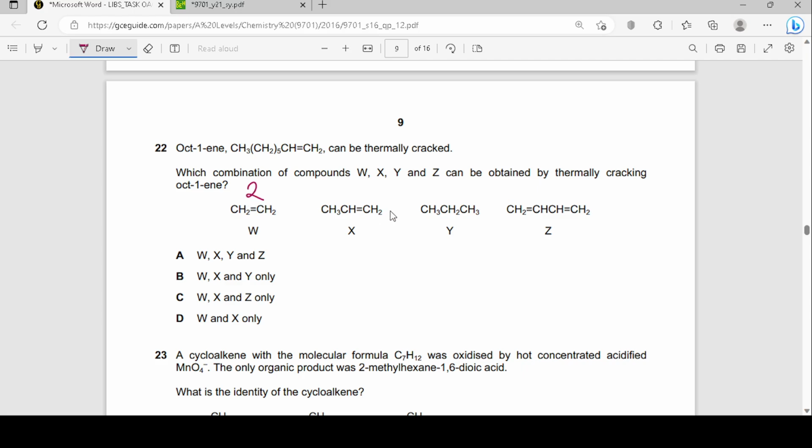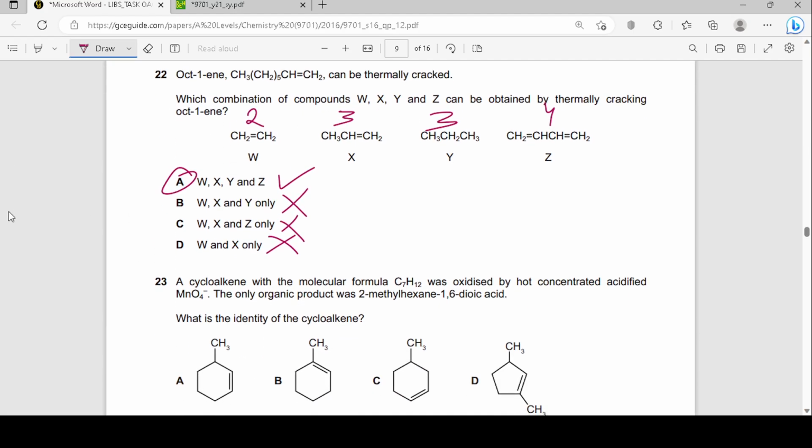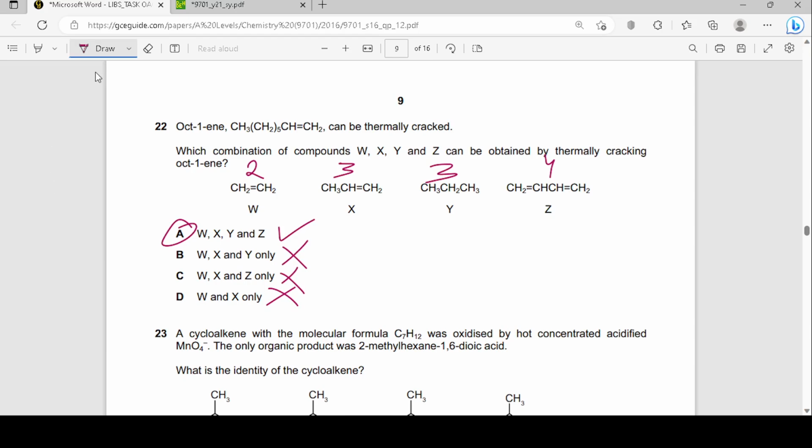This one has two carbon atoms, this one has three carbon atoms, and as long as it's a valid hydrocarbon, I suppose. One, two, three carbon atoms. This one, four carbon atoms. So all of these are possible really. So it's not B, C, or D. It has to be A, because you have a bucket of octene or whatever. It's not just one molecule that we're talking about.